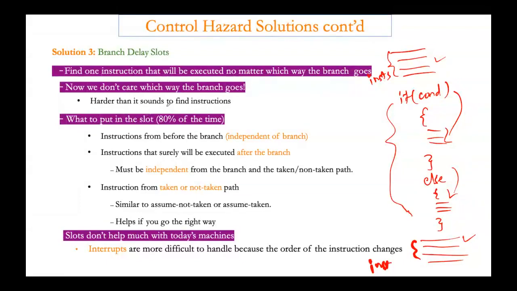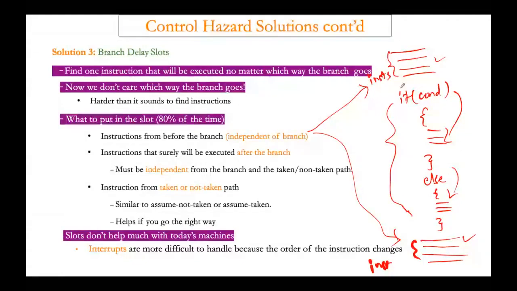It is basically harder than it sounds to find what to put in this slot. About 80% of the time, it is instructions from before the branch that are independent of the branch, and instructions that will surely be executed after the branch.